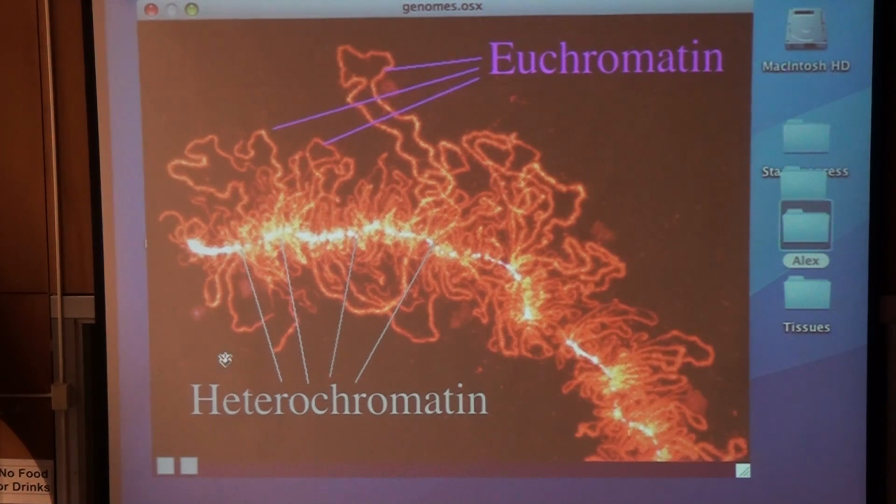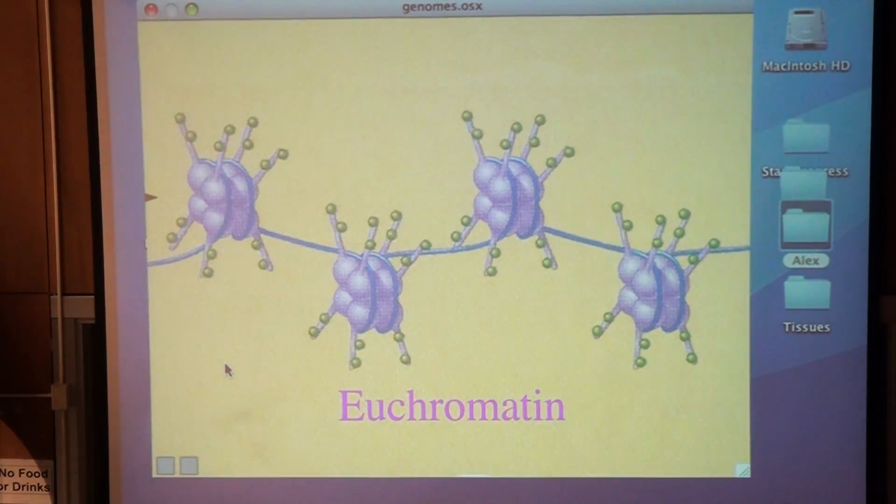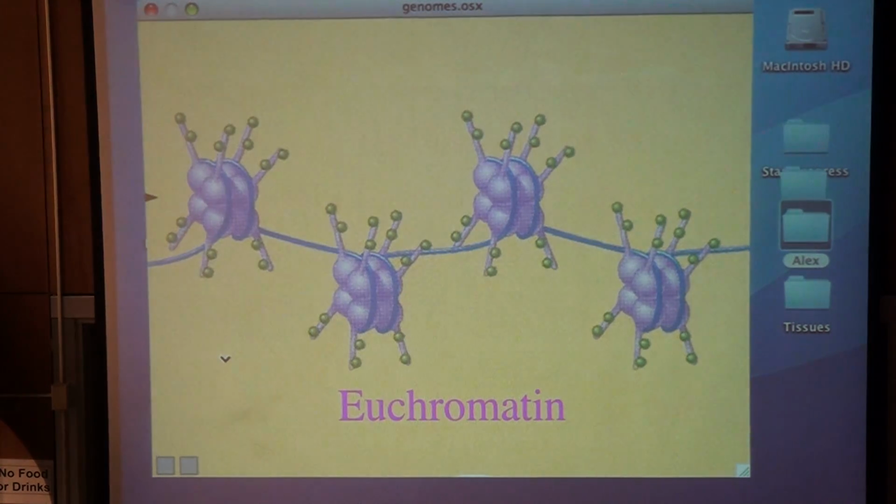And as you might guess, you have very different levels of transcription in these two regions. In the euchromatin, imagine it looking like this. The purple little balls there are the histone proteins, but a lot of the DNA is not spooled around them. It's free and open like this, and so the transcription factors and the activator proteins and the RNA polymerase II can get in there very easily and express those genes very efficiently.